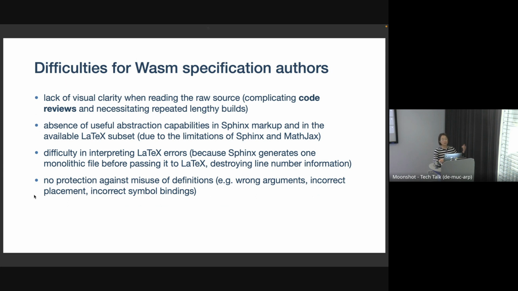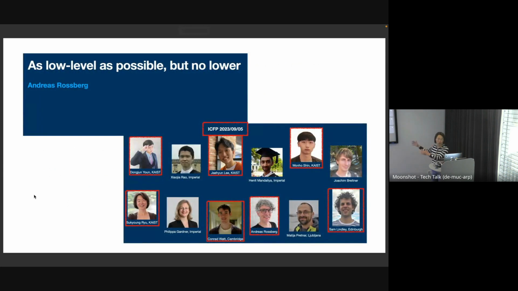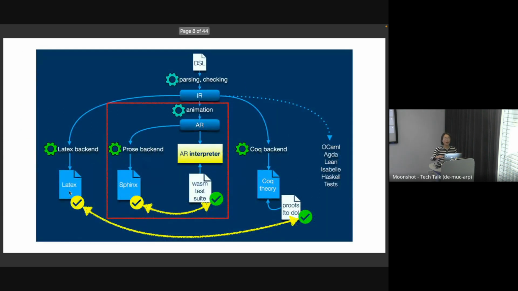So these issues brought us to this, which I already showed you before. In this room, all those red boxes are people sitting here, so it's a collective work with many people. Among these various efforts, our team has been working on this red box. From this declarative DSL, we'd like to extract an algorithmic version of it.